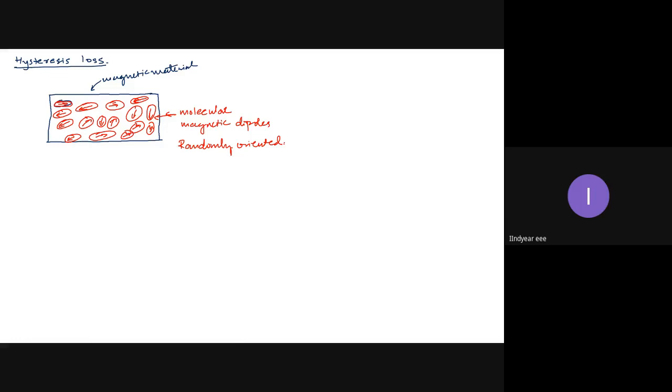I can't call it a magnet, right? A magnet is one which has a directive property. There is no directive property here because the molecular magnets are randomly oriented. So the net orientation is 0. This material is now magnetically neutral.